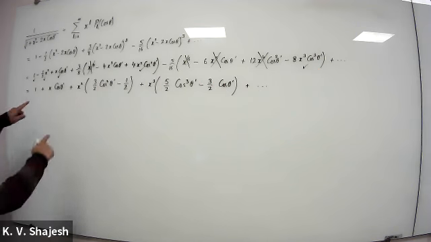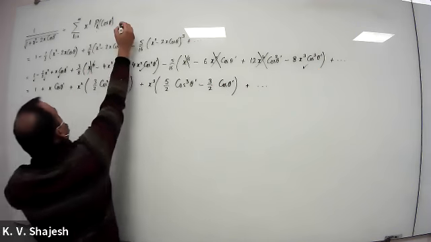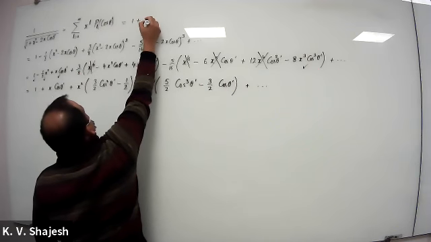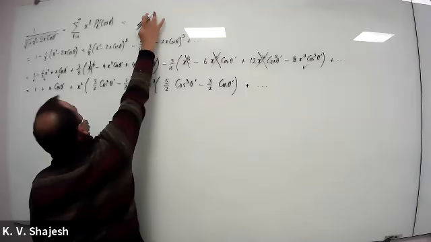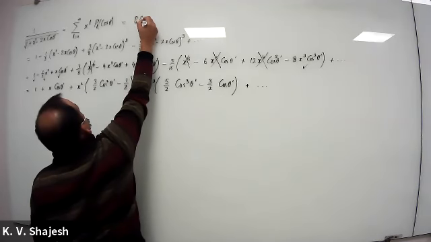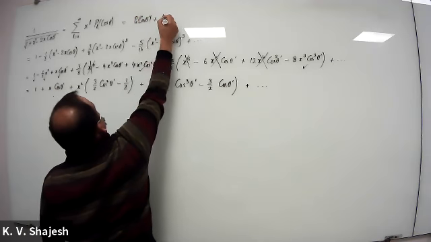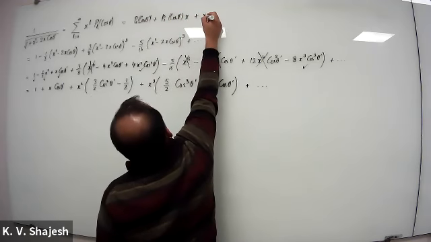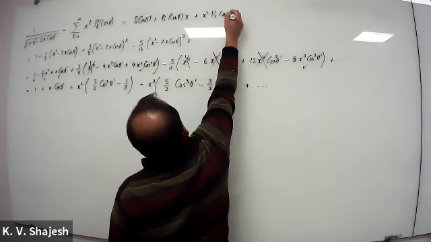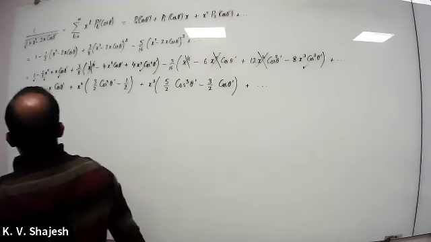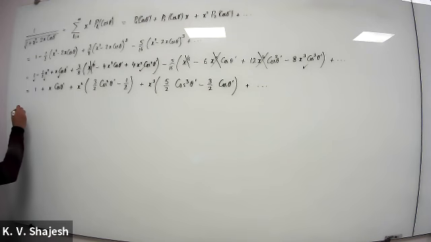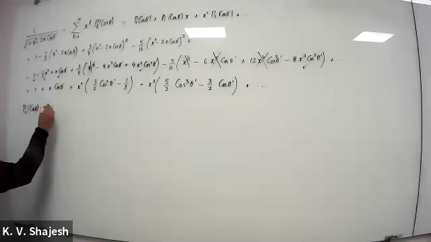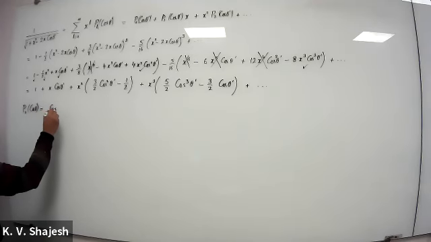So we can now connect with this. Remember this is equal to 1 plus x, how do you write this? So this is P0 cosine theta prime plus P1 cosine theta prime times x plus x squared times P2 cosine theta prime and so on. So we can read this out now. What does your Legendre polynomial equal?